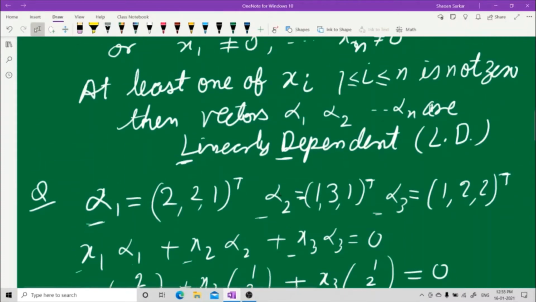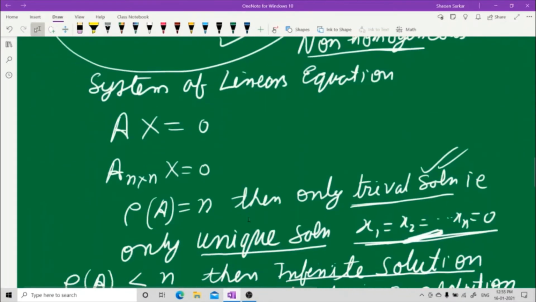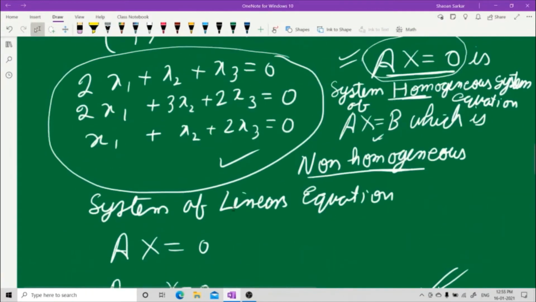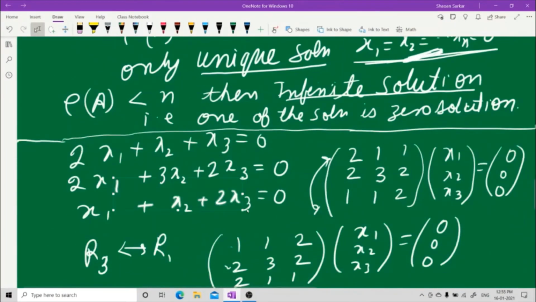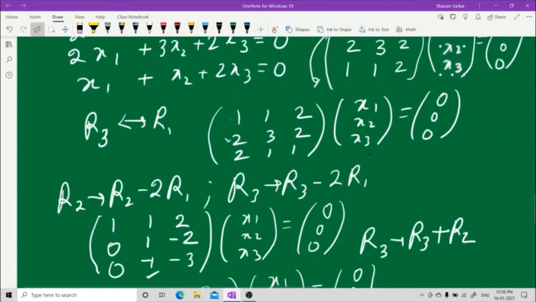In this equation, you will have 2 alpha 1, alpha 2, and alpha 3, and here, instead of x1, you will have alpha 1, alpha 2, alpha 3. That is the change. Only the name changes.